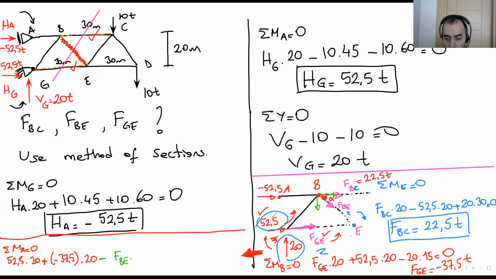Okay, FBE. Let me check dimensions. I need this angle. So what we need, this is 20. This is 15. Let me check the hypotenuse over there.